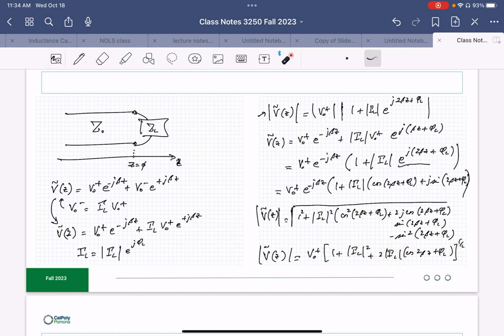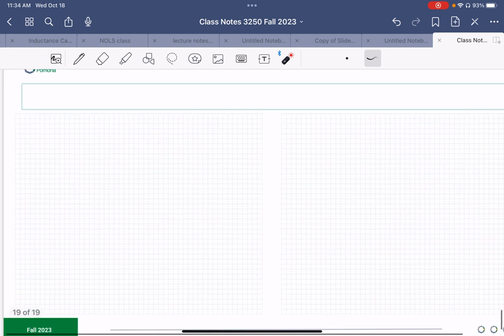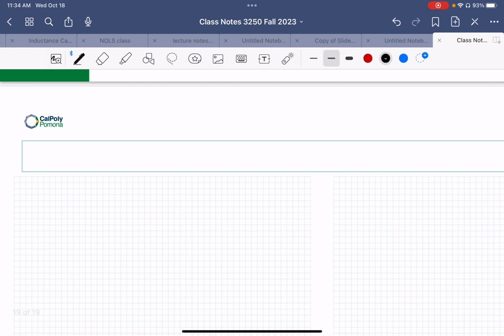Okay, so now let's look at a few cases of what this looks like for different kinds of loads. Let's say we're looking at the case of z equal to 0, where the load is.